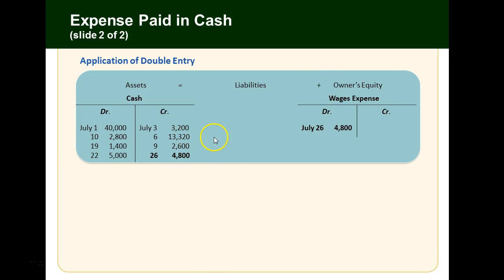One is a credit and over here it's a debit. Remember, normal liabilities and owner's equity have a normal credit balance when they go up. But when they go down, what happens? Wages expense is a debit.